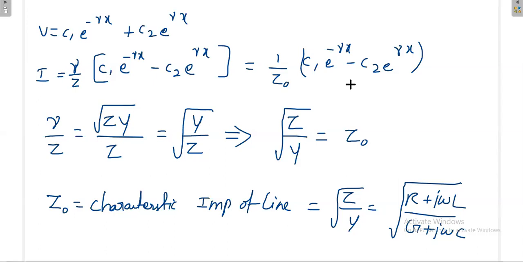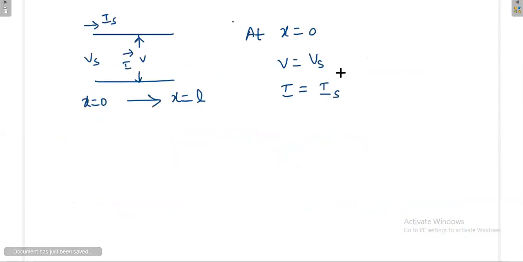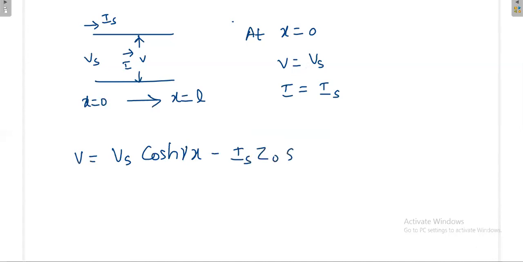What I am doing is applying some condition, finding the constants, and replacing them with those values. You just try to do it yourself. Finally you will get the voltage as V equals Vs cosh gamma x, this is not the simple cos function, this is cosh, the hyperbolic function, minus Is Z naught sinh gamma x.